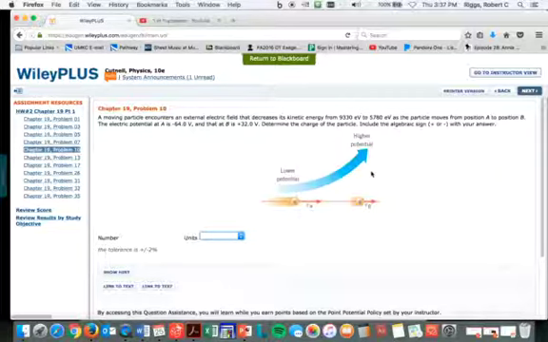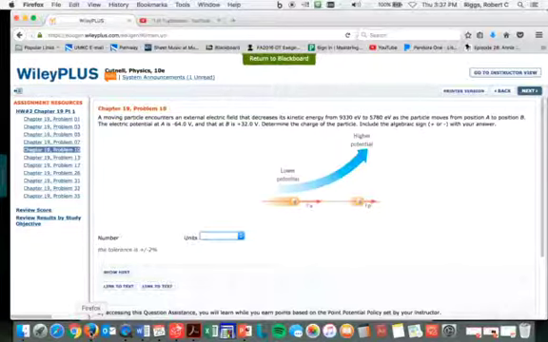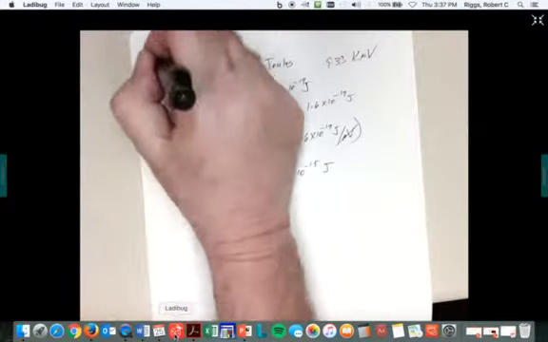It doesn't want to go this way. So that'd be the change in voltage for this problem. What problem is this? This is problem 10.